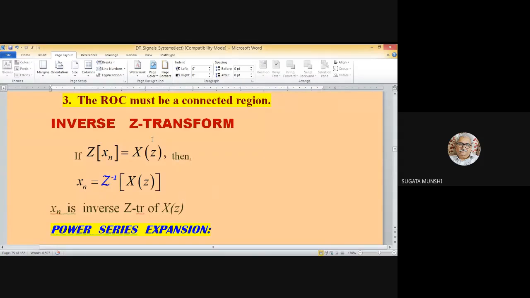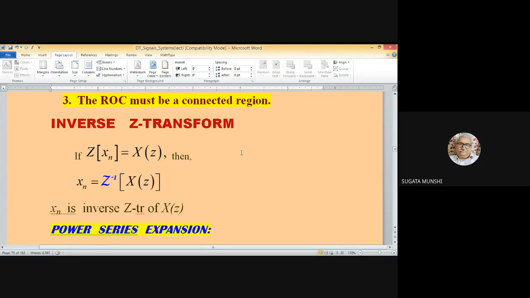If the given function of z, X(z), if you can express it into a power series, say x[-3] z cube plus x[-2] z square plus x[-1] z plus x[0] plus x[1] z to the power minus 1 plus x[2] z to the power minus 2, like that, a series, then you can find out each of the samples.